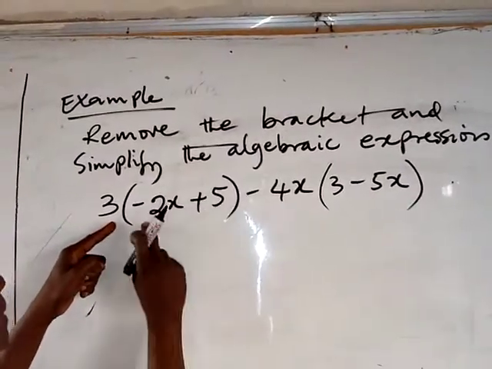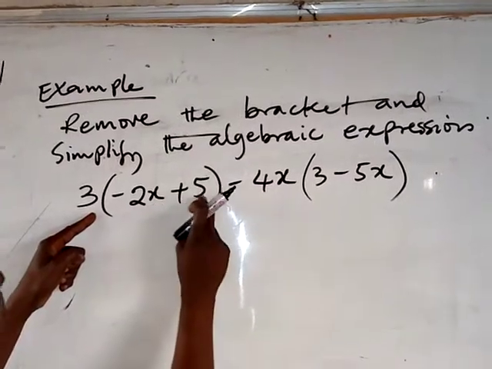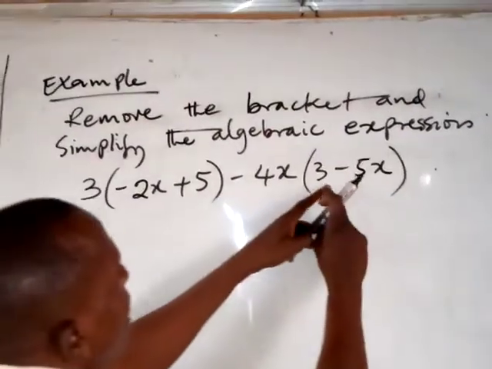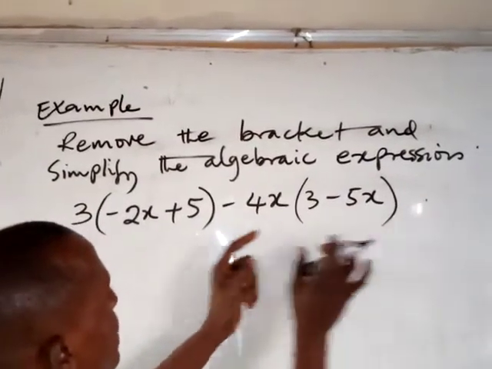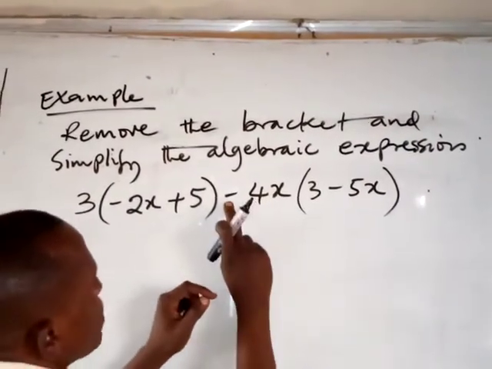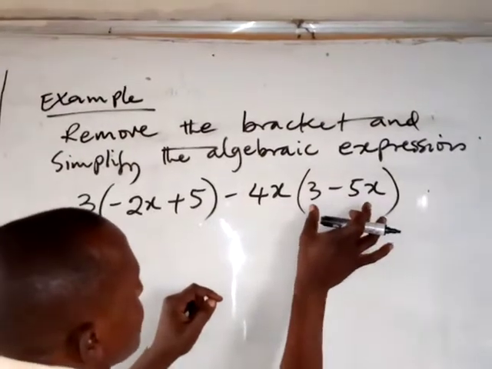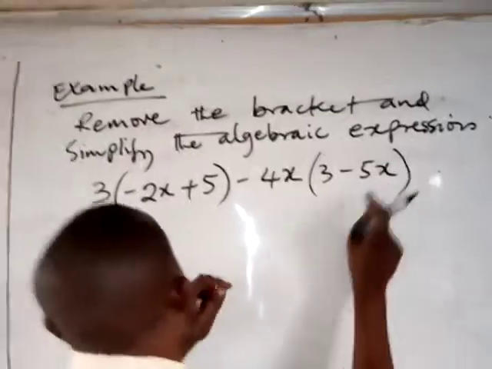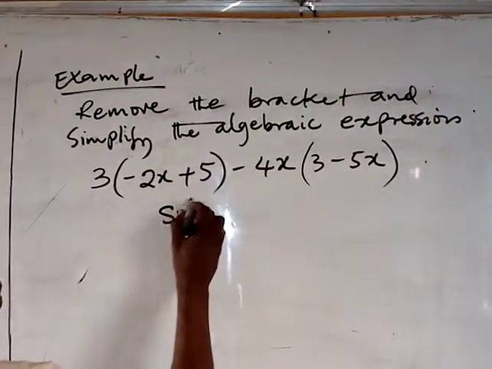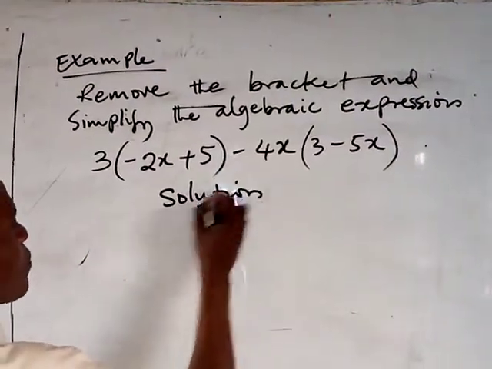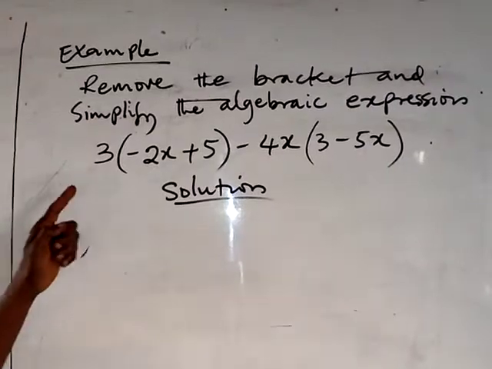Here we have two terms, which are minus 2x and positive 5. Here I have two terms, which are 3 and minus 5x. In other words, to open this bracket, I must multiply minus 4x times 3 and minus 5x. So let's go into the solution.